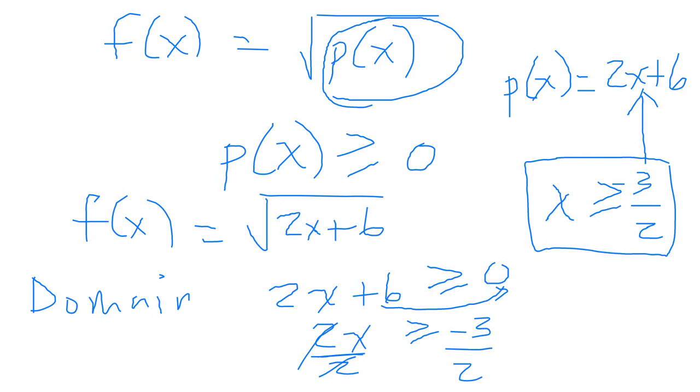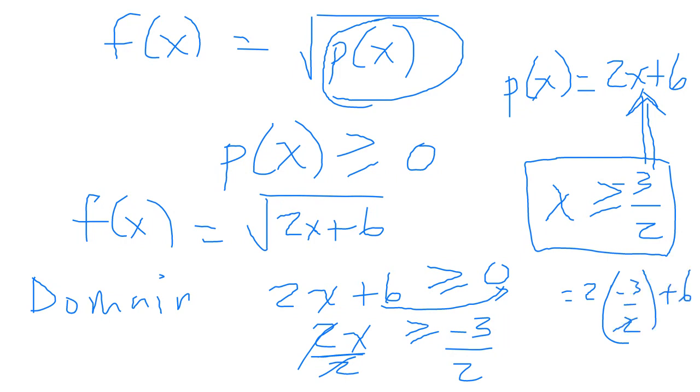Because if I put negative 3 over 2 for x, which x can be, or any number greater than negative 3 over 2, I'm going to have 2 times negative 3 over 2 plus 6.